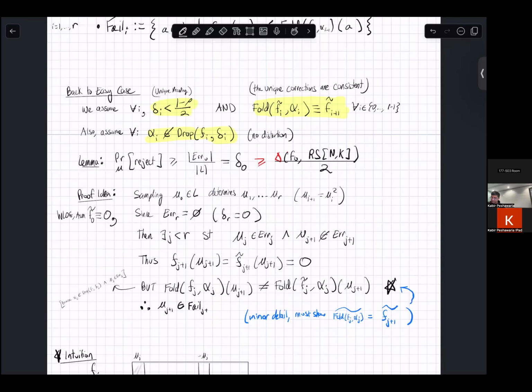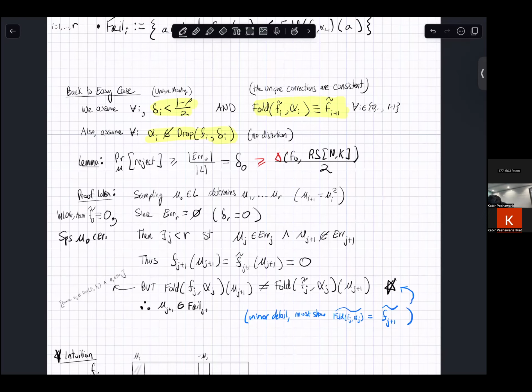Okay, so that means that there exists some j less than r such that mu j is in the error set and mu j plus 1 is not in the error set, right? I also forgot to say, suppose mu0 is in error 0.